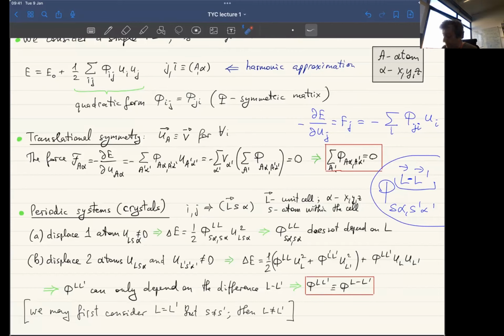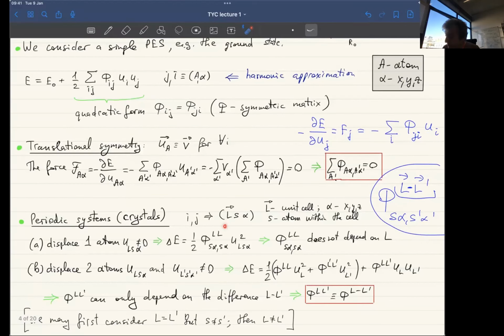For periodic systems, there are some additional symmetry properties this force constant matrix must satisfy. First of all, in the crystal, you have unit cells which are periodically repeated, and the position of every unit cell can be specified by a proper translation, which I will denote by capital L. So capital L gives us a translation vector which points to the particular unit cell of interest.